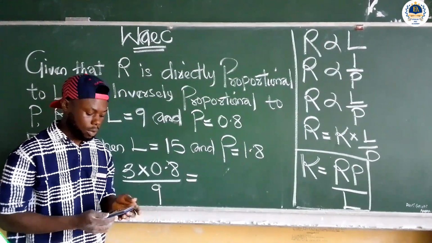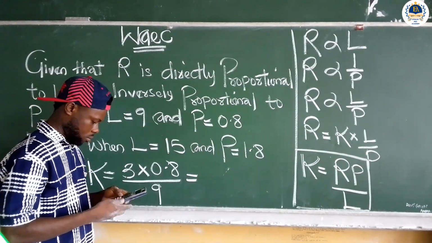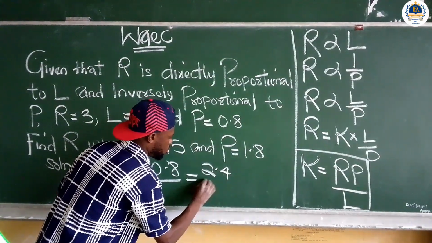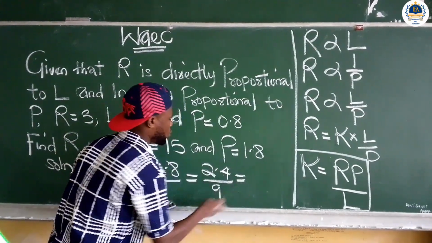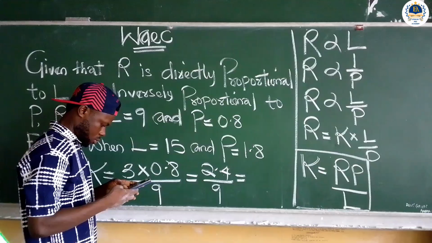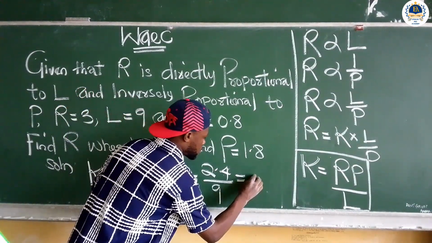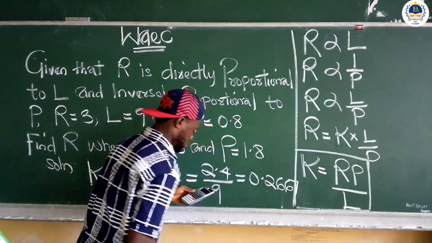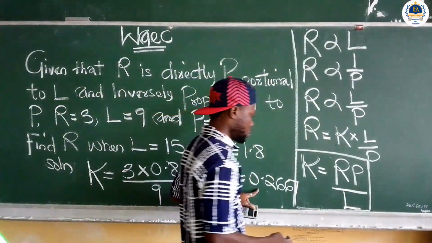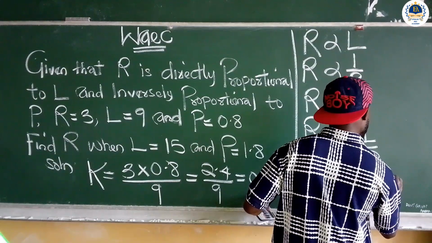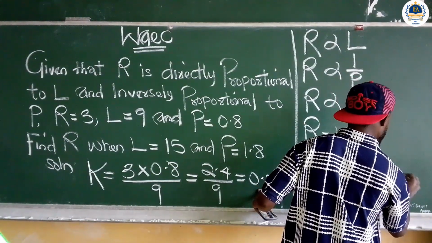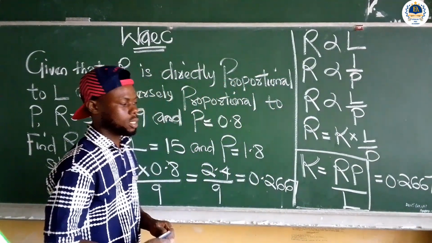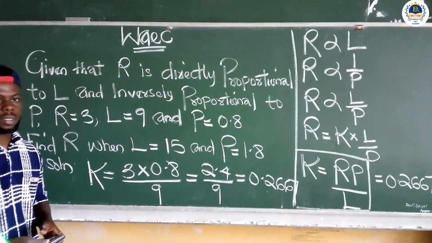If you punch this into your calculator, we have 2.4 over 9, which is equal to 0.2667. So k is equal to 0.2667, to 4 decimal places.